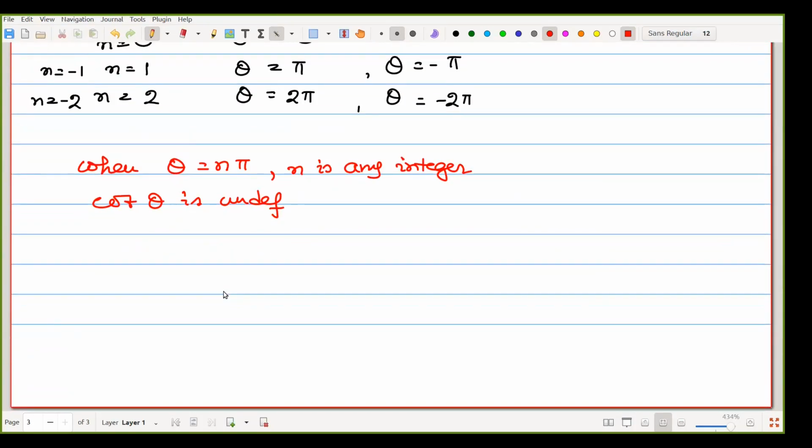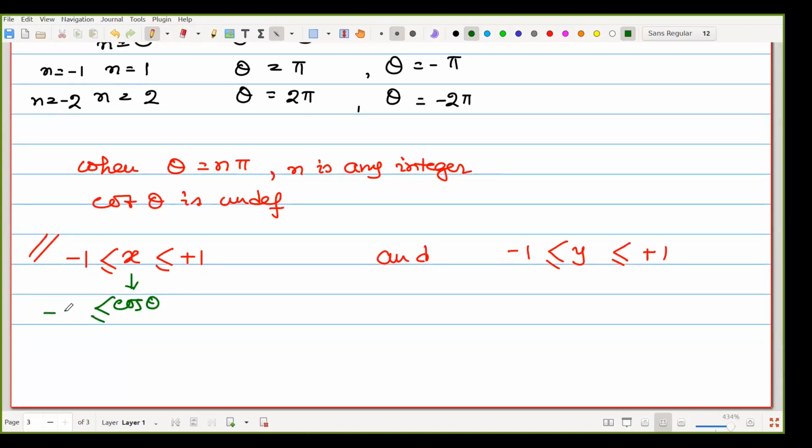Next one, why we should say the value of sin theta and cos theta always belong between -1 and +1. Just check here. We have x belonging between -1 and +1, and y belonging between -1 and +1. x means we have cos theta.